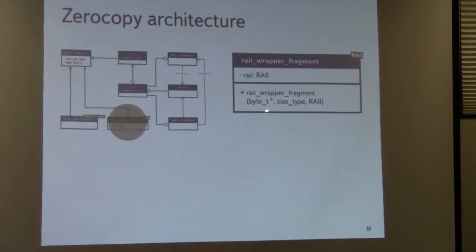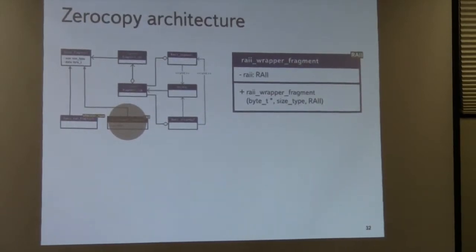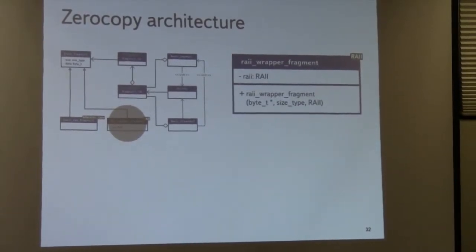This is the shared reference to the fragment. So we can share it via some RAII class, and we use the shared pointer. With the help of this class, we can share the fragment between segments. So we still use this interface, but we have no virtual function except the destructor.